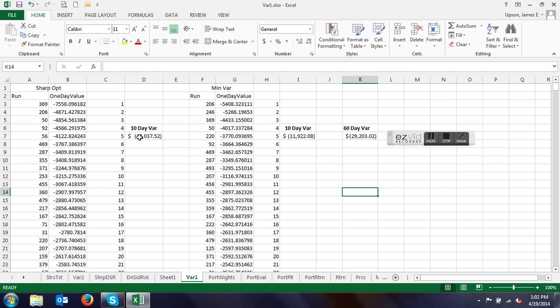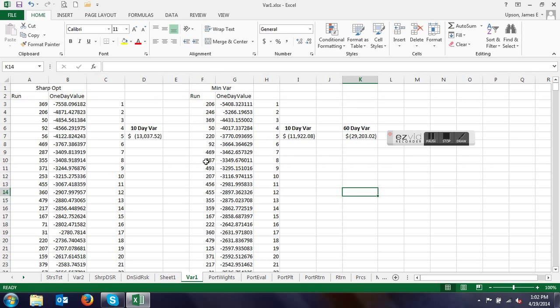All right, so that's a start. There's a 1% chance over a 10-day period of losing at least $13,000 in my Sharp Optimal portfolio, and on the minimum variance portfolio it's $11,922, and over 60 days it's $29,000.